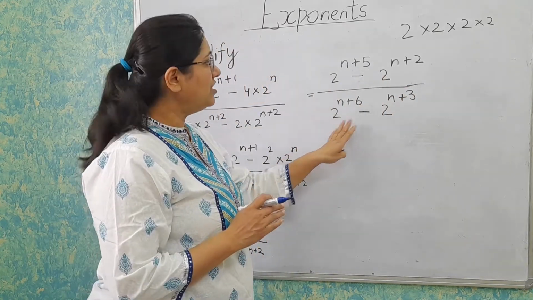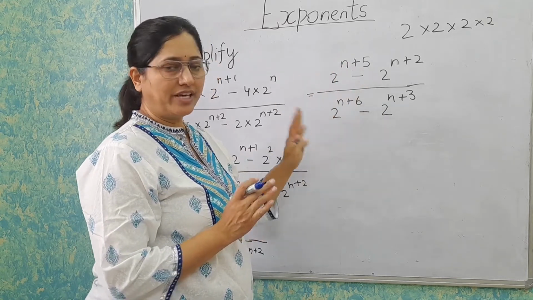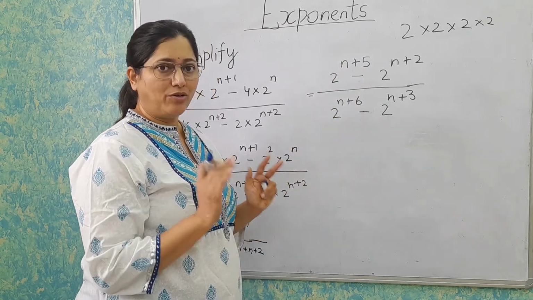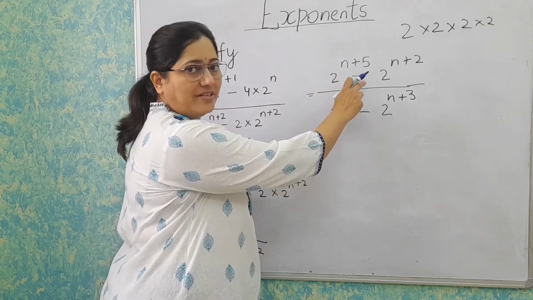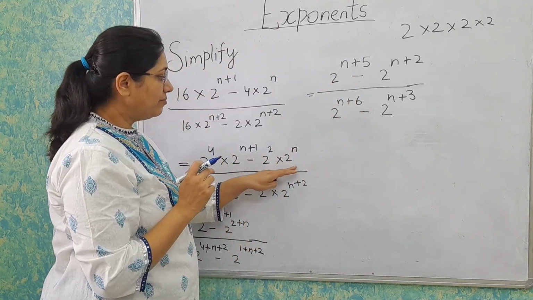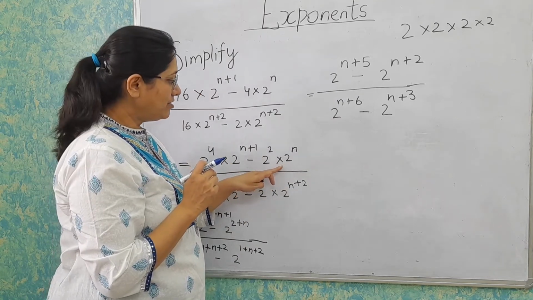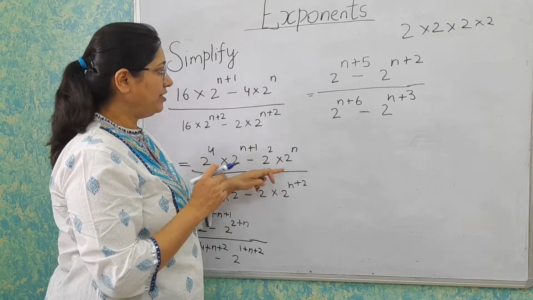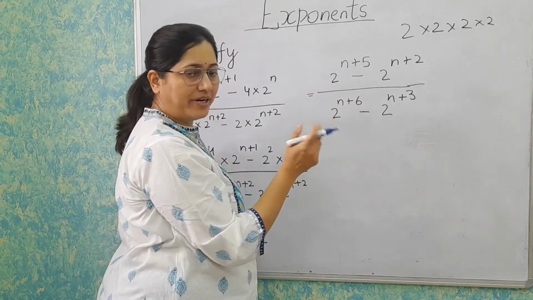Now I have these four terms with base 2 and different exponents. Again I will apply the law of exponents. Now I will separate the exponents. In the previous step, I combined the exponents when there was a multiplication sign between them. But now I will separate the exponents.